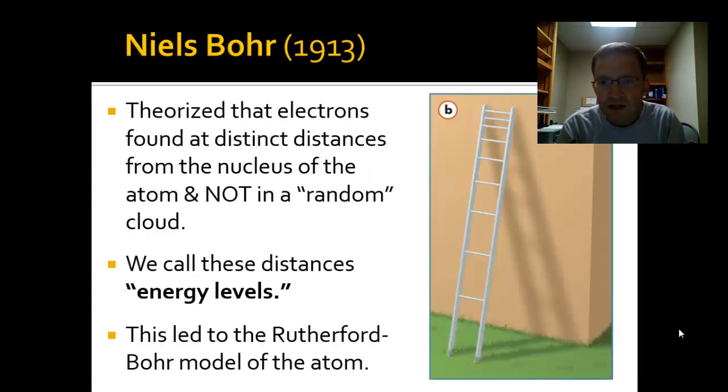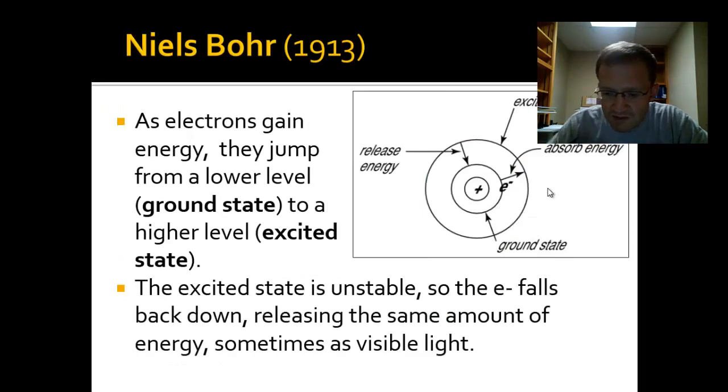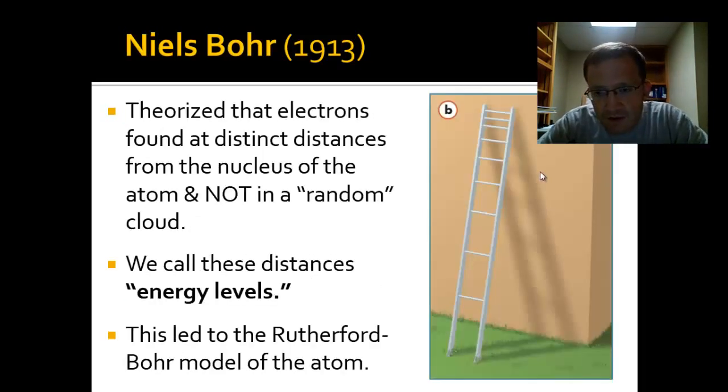What he does to explain that then is what's explained here. First, he theorized, or we might say hypothesized, that electrons were found at distinct distances from the nucleus of the atom and not in a random cloud. So think about this ladder as you see here perched against the wall as being a way of showing the electrons' positions as they relate to the nucleus.